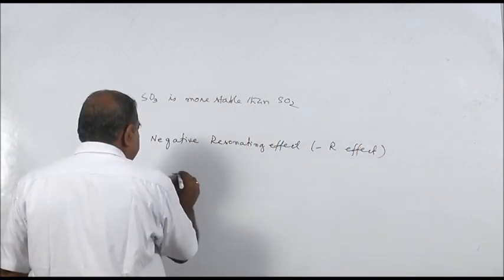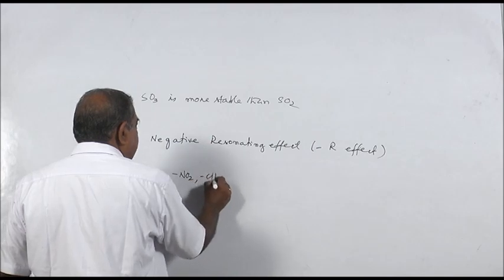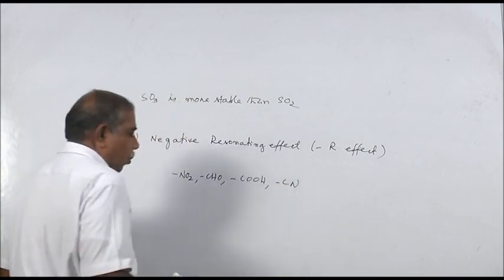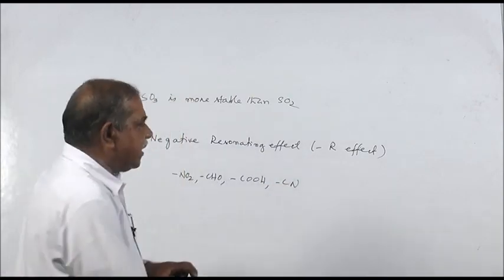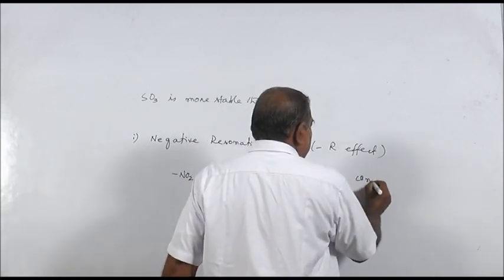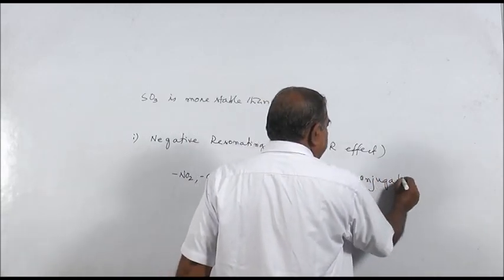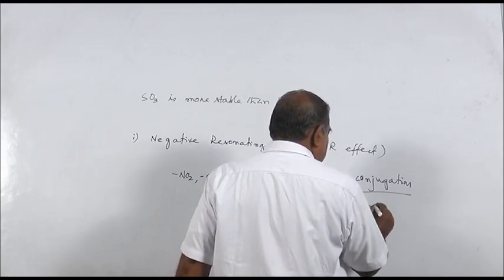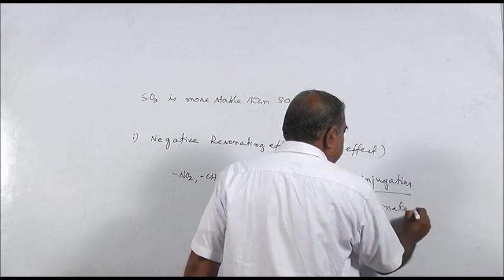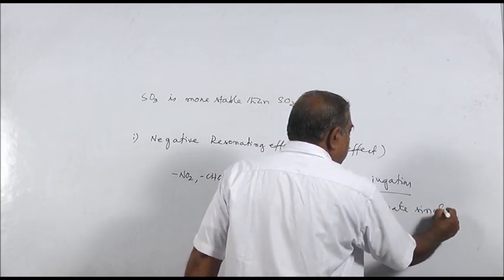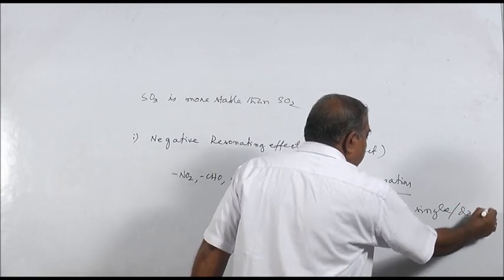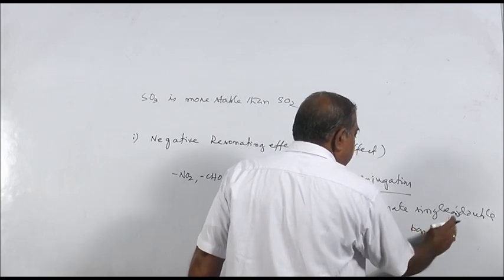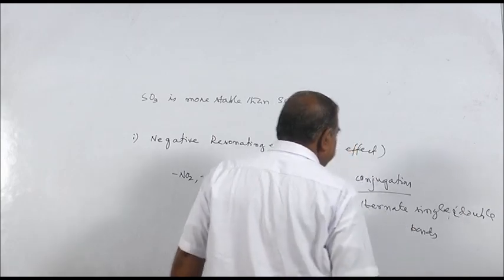Now, certain groups like say nitro group or aldehyde or say carboxyl groups or cyanide, when conjugated, conjugation means having alternate single and double bonds.